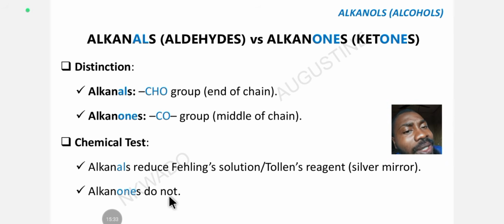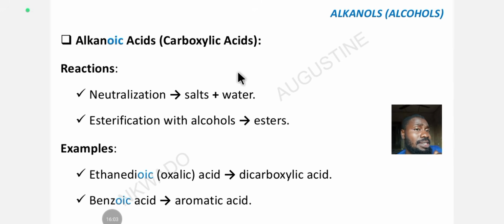Alkanones do not react with Fehling's solution or Tollens reagent; there is no reaction at all for alkanone. It's only alkanal that is able to react with Fehling's solution or Tollens reagent and give a silver mirror appearance. Let's look at the alkanoic acids, or the carboxylic acids.